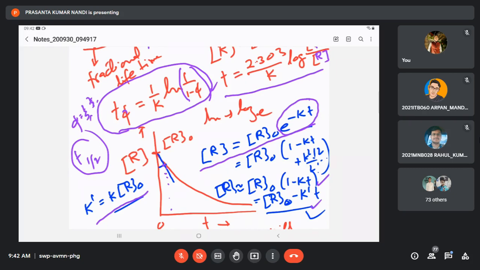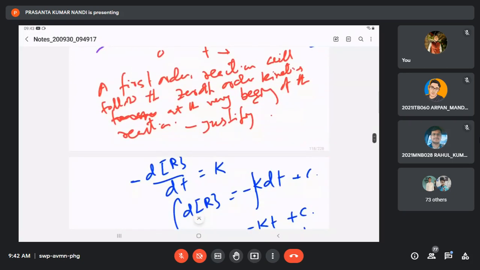Now, if we ask one fundamental question: the first order reaction will follow zeroth order kinetics at the very beginning of the reaction. Can we justify that? The reaction in general follows first order kinetics, but under a special condition. What is the condition? The very beginning of the reaction.